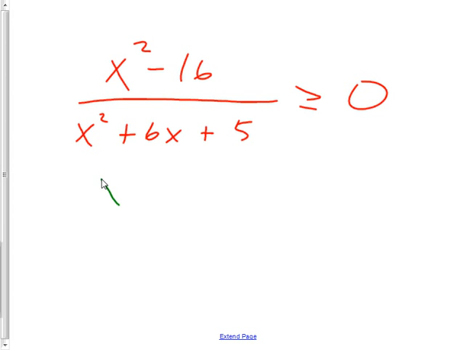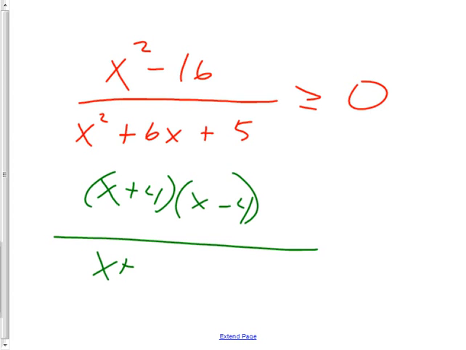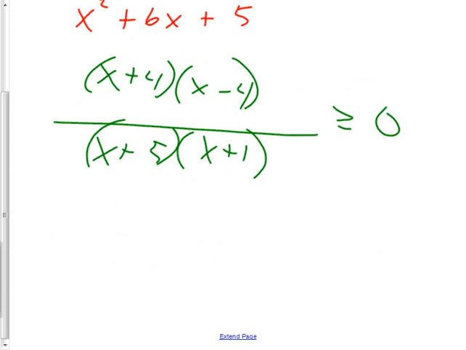All right. What you should have done on this one is factor the top, x plus 4, x minus 4, and factor the bottom, x plus 5, x plus 1. That tells me a lot of stuff. It tells me zeros, which are the things on the top, and it tells me u's, which are the undefined things. Those are the things from the bottom. So I have negative 4 and 4, and I also have negative 1 and negative 5.